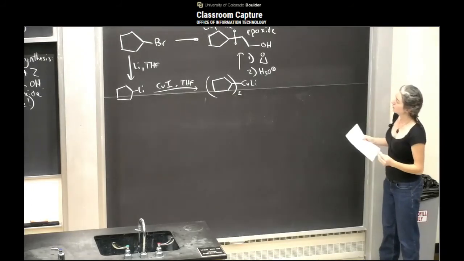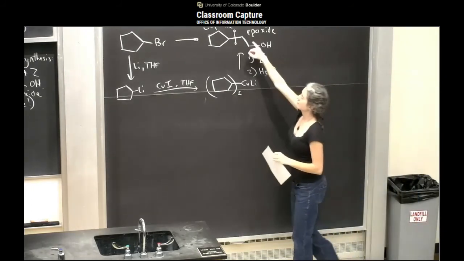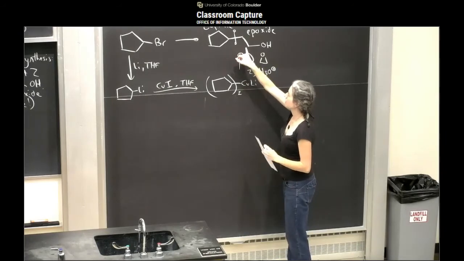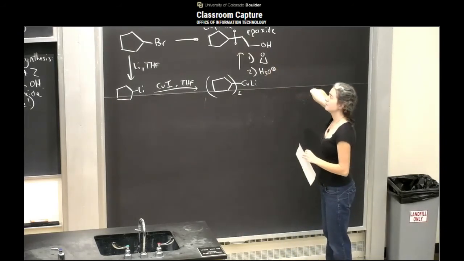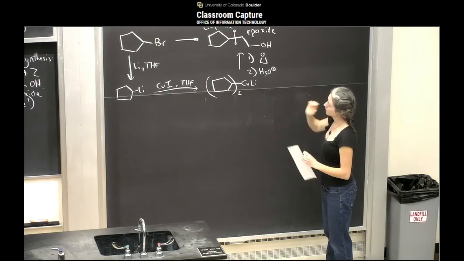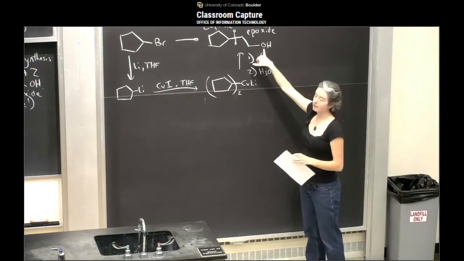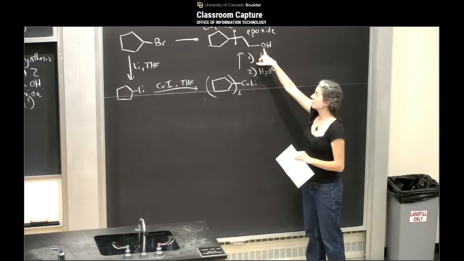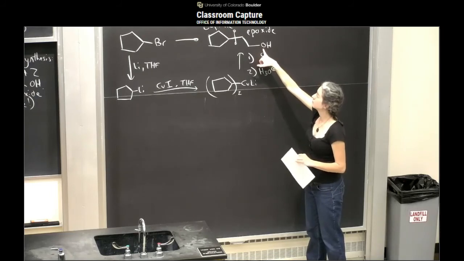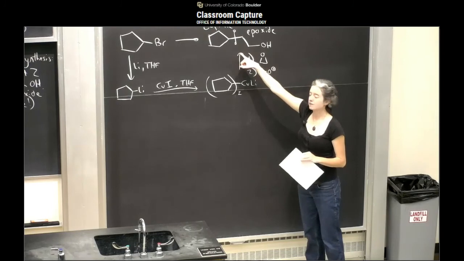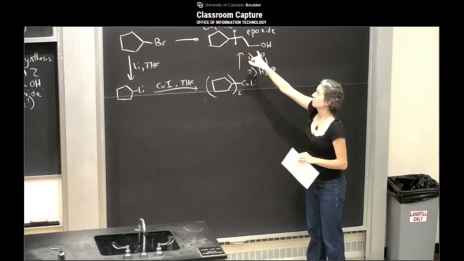All right, so this is kind of the obvious disconnect for cuprate plus epoxide. Anything similar looking to this in terms of layout? So on the actual exam, I didn't have an OH here. What I actually had was a Br here. But it's still the same kind of logic. You've got whatever functional group on the second carbon away from the disconnect. So that looks like cuprate plus epoxide.